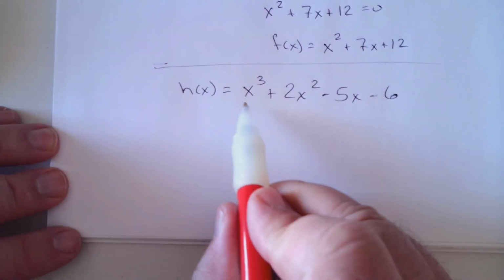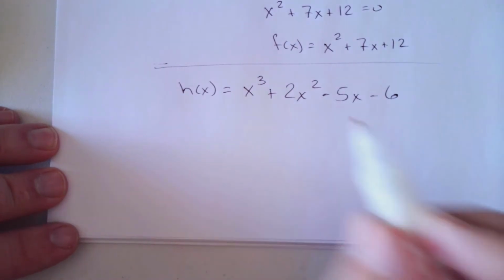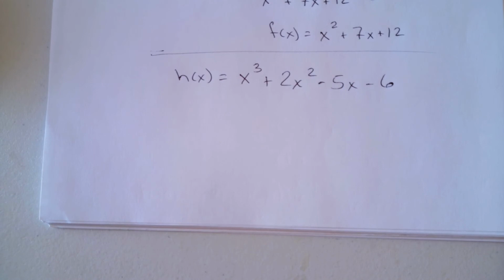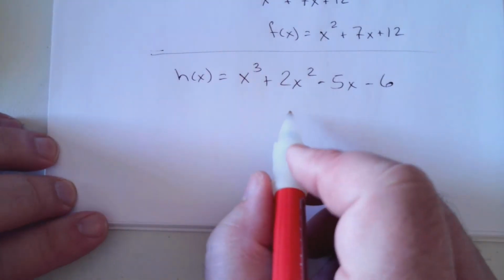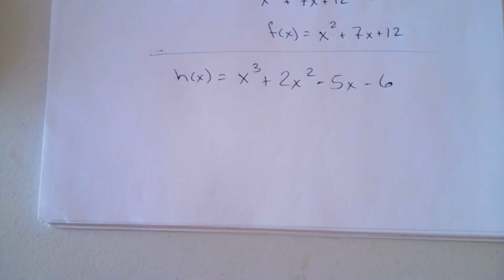Can we use grouping? If we group the first two and the second two, they don't have anything in common. So we can't use grouping. So we look at another process here. This is called the rational approach to it.